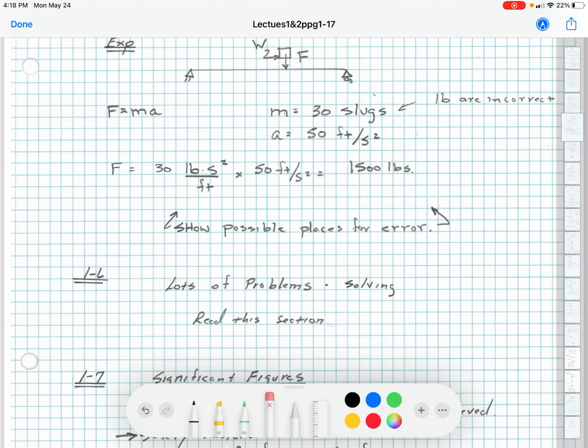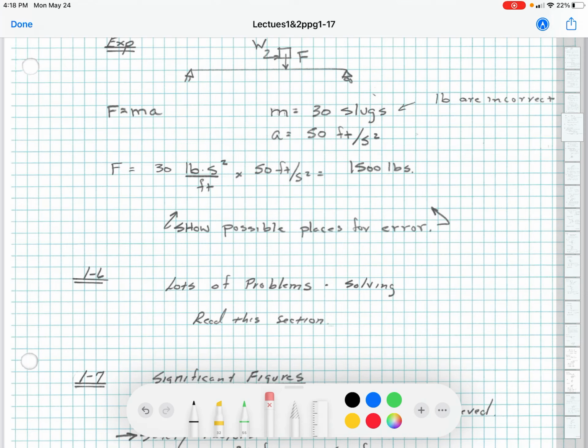We have a load, some block W, that's creating a force of F. If we know that the mass of this block W is 30 slugs, and yet the acceleration in whatever area it's in is 50 feet per second squared, it's not 32.1, in this case we're using 50.